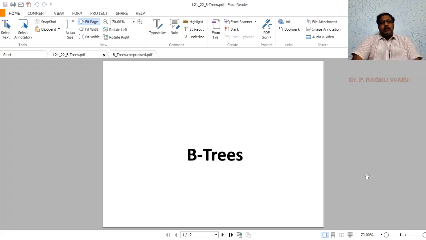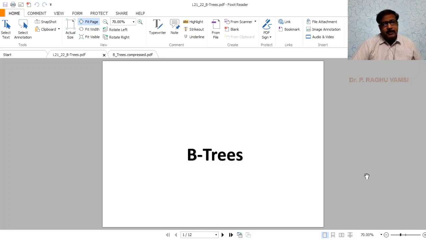Okay. The main aim of the B tree is to search for an element within a short span of time, by maintaining the minimum height of the tree. This is the main aim of the B tree.